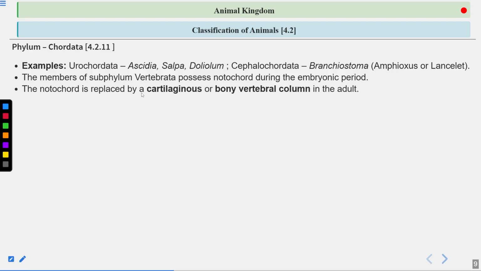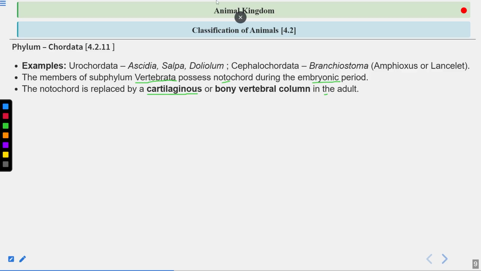The notochord is replaced by the cartilaginous or bony vertebral column in the adult. This is a very important feature of the phylum Vertebrata. What happens to the notochord? In the embryonic period they have this notochord.